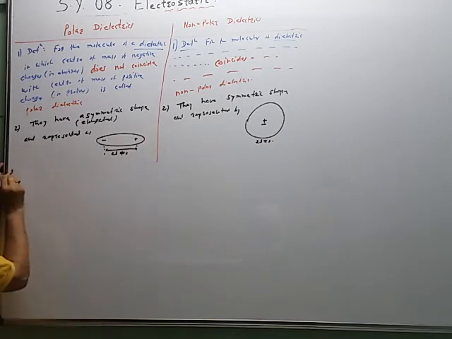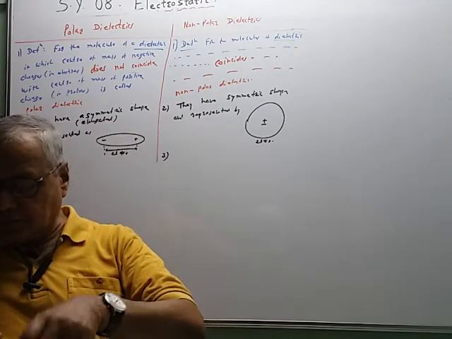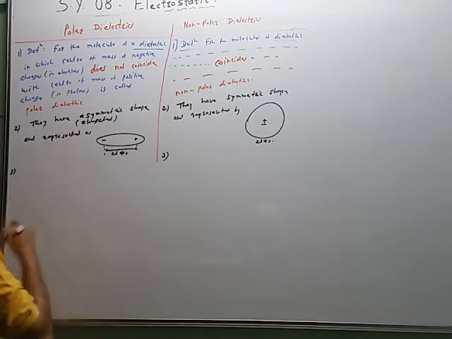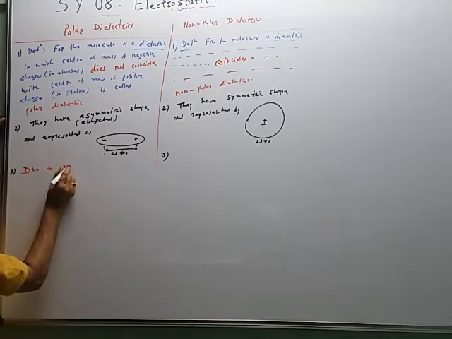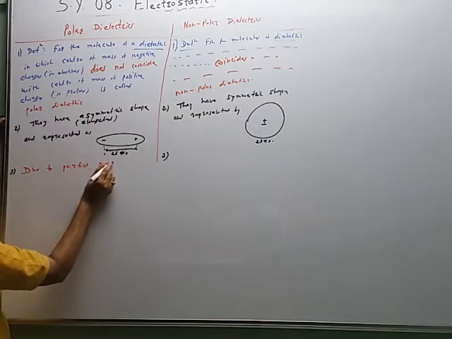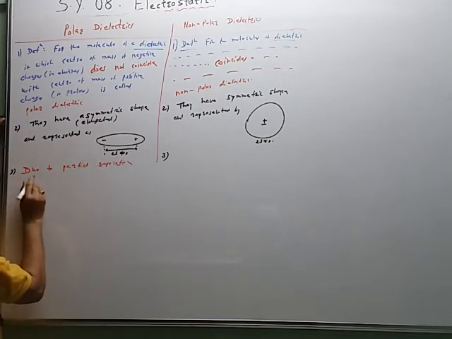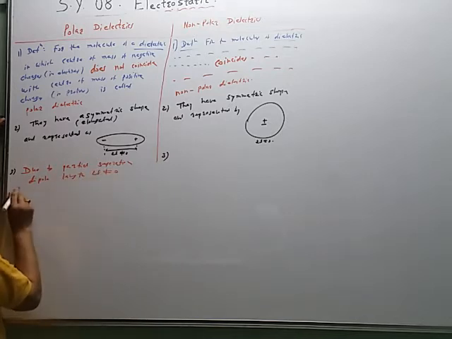So the third point, due to the partial separation of the positive and negative charges in a polar molecule, dipole length 2L is not equal to 0.